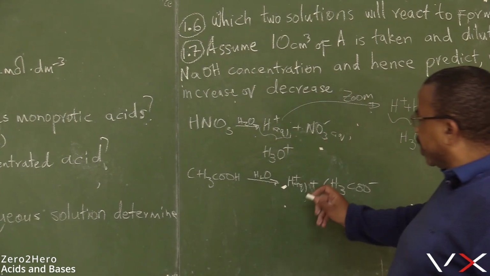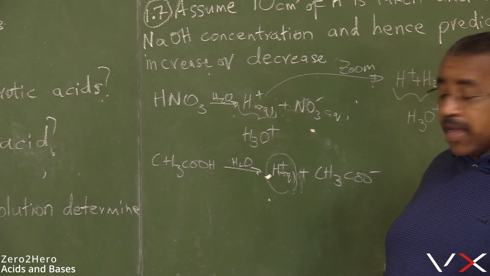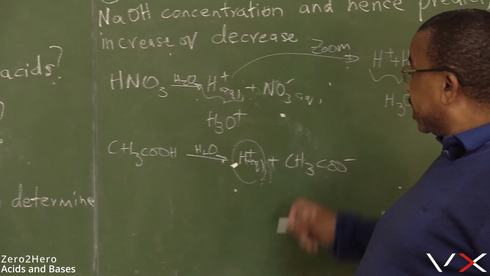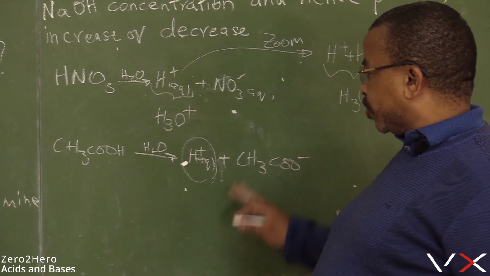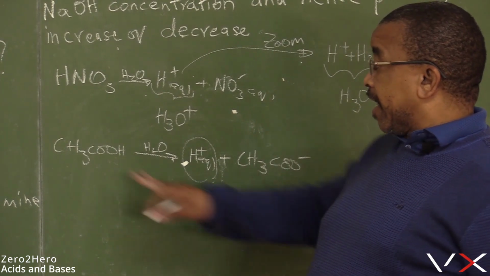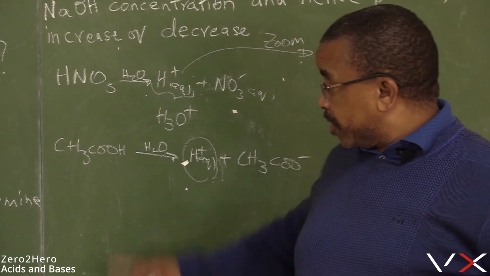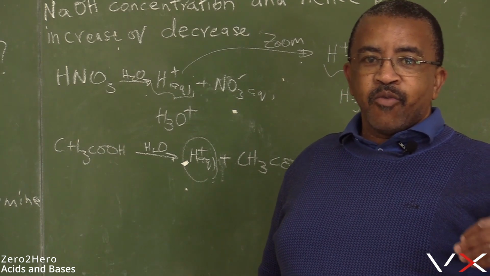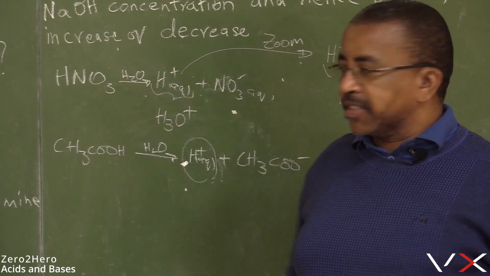So it can only donate one hydrogen, not these. You remember I said these hydrogens are bonded to carbon, and the bond between carbon and hydrogen is very strong, so it won't donate with this hydrogen. It looks like it has about 4 hydrogens, but when it dissociates, when it donates, it can only donate 1 H plus.